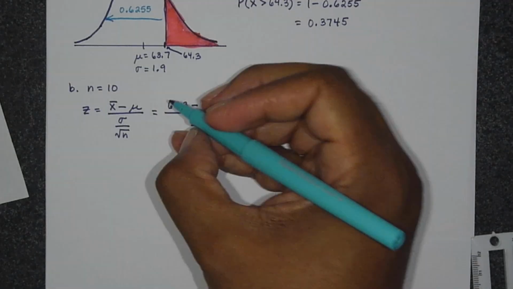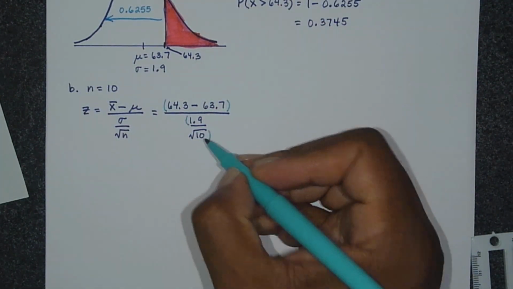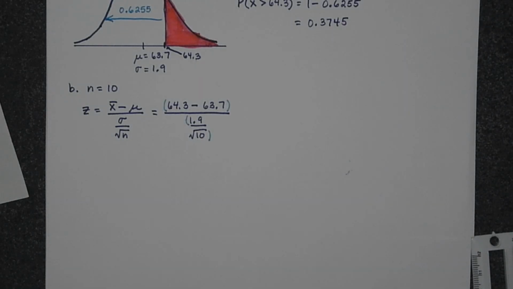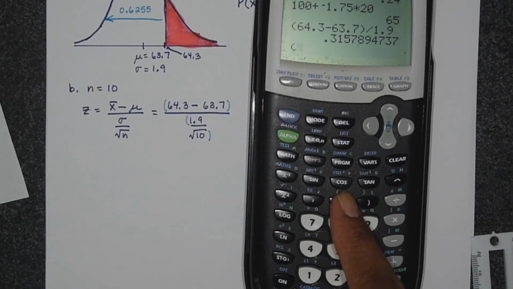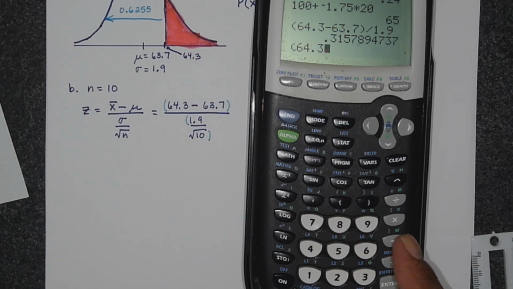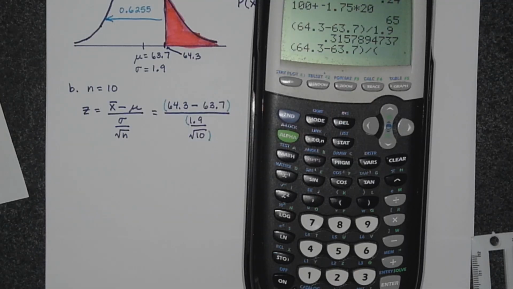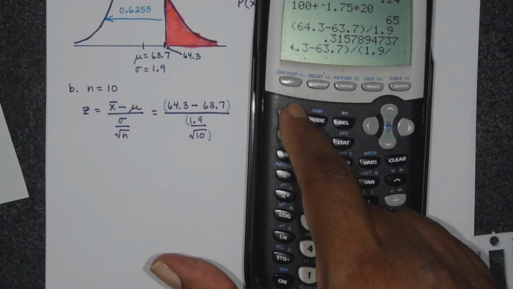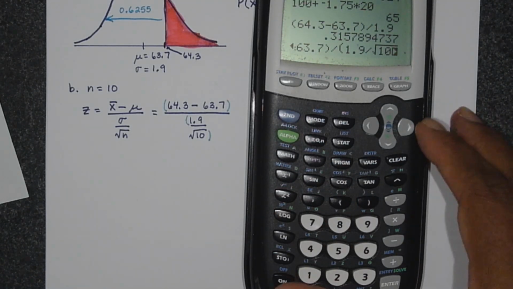Now if we use the calculator, this needs to be in parentheses. This down here needs to be in parentheses as well. So let's do the calculation here. Left parentheses, 64.3 minus 63.7, close parentheses, divided by, the denominator will be in parentheses, so left parentheses, 1.9 divided by the square root of 10, second x squared for the square root, and then type in the number 10.